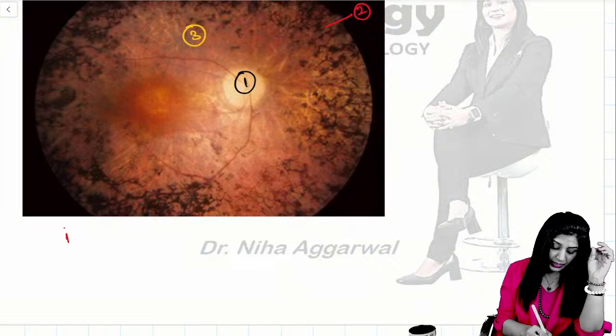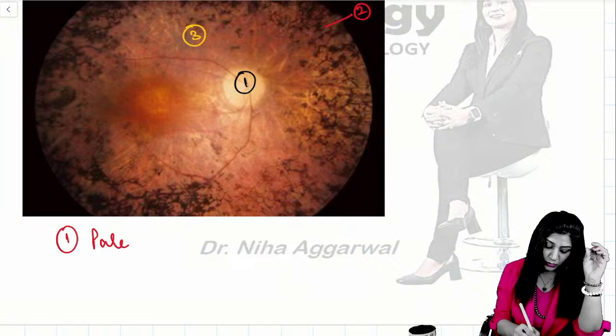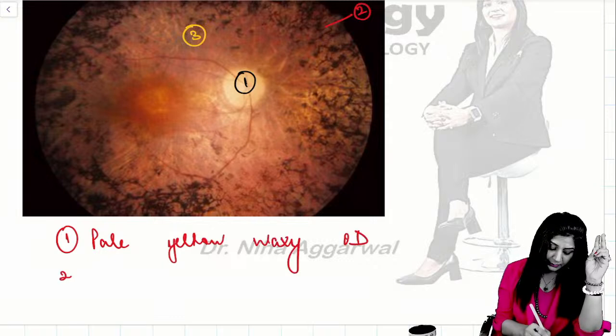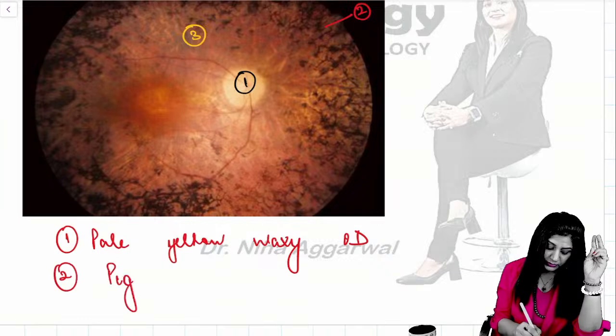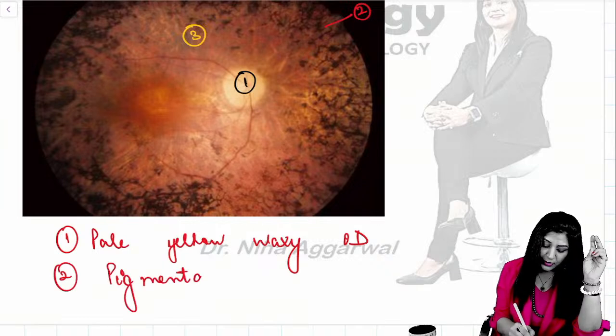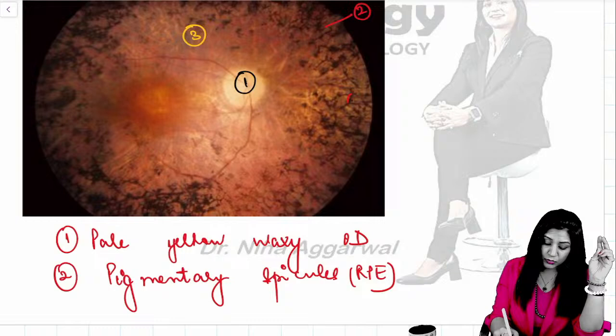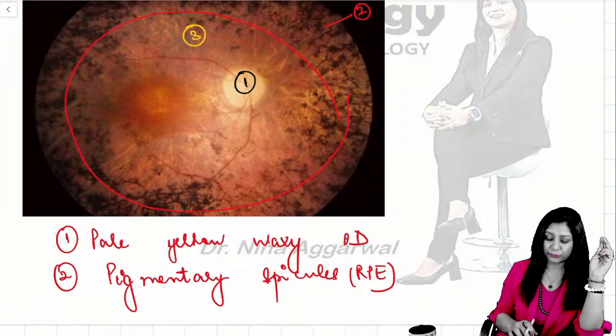Number one, we are getting the pale yellow waxy optic disc. Then number two is the pigmentary spicules. You can see there are so many pigmentary spicules because it is affecting the RPE layer of the retina, so we have so many spicules in the whole periphery.